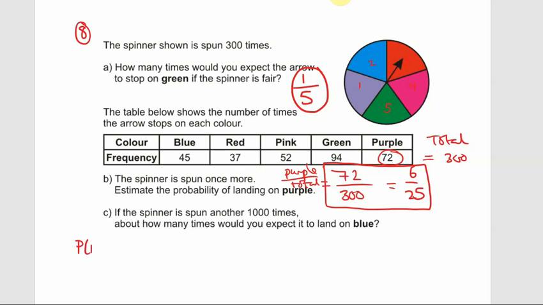Well, the probability of blue so far is 45 over 300. That is blue over the total. And that is 3 over 20. Or we could say that that is 0.15. If we spin it another 1,000 times, there's another way of doing this expected outcome.